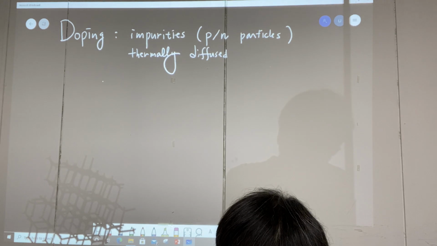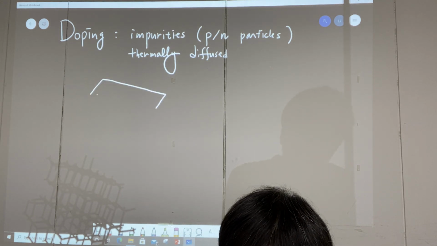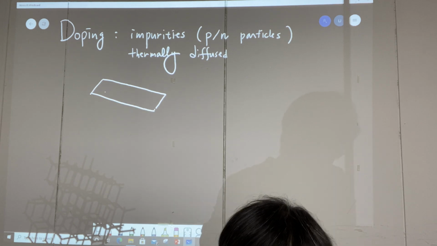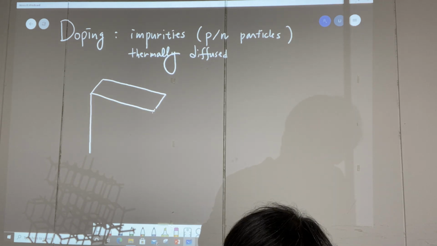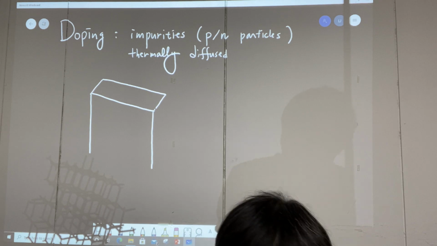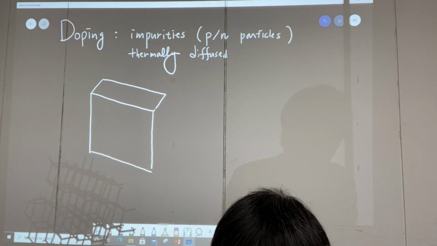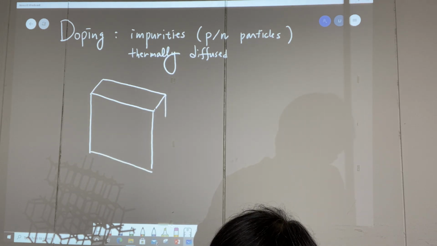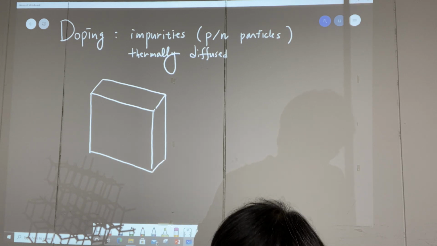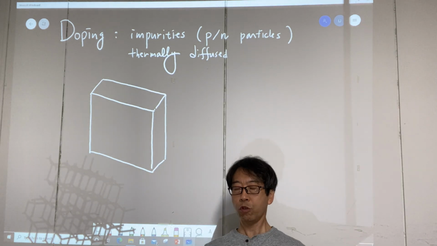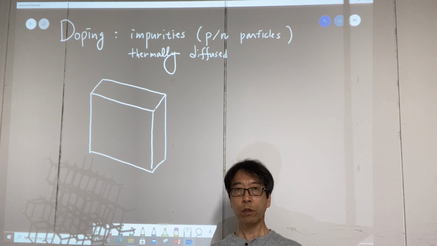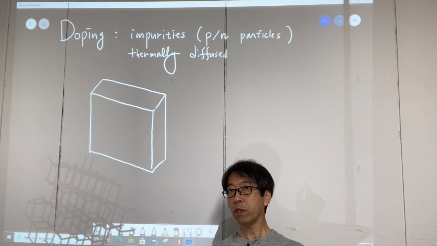So let's take, for example, a one-dimensional model like this. Just take a piece of silicon solid, for instance. Well, we can think about generalized three-dimensional analysis, but for more concrete physical understanding, let's just think about one-dimensional doping.